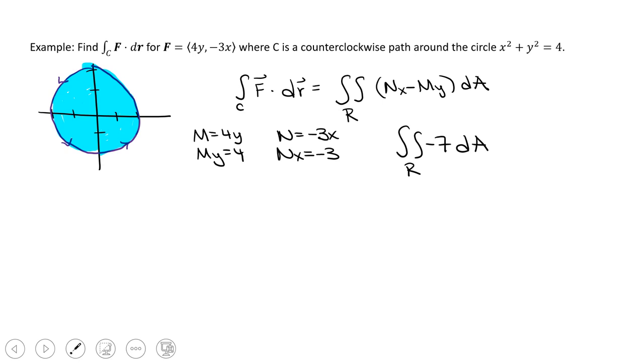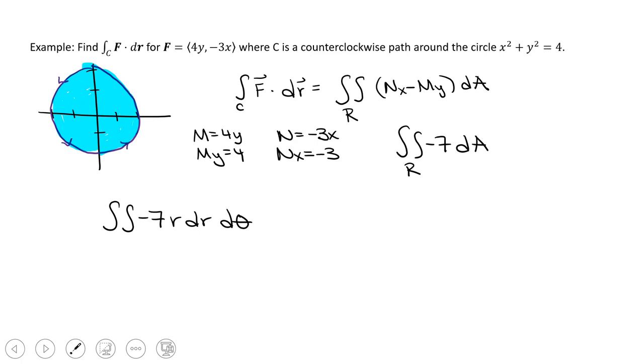All right, so my M is 4y, so My is 4, Nx is negative 3. Notice they're not the same. This is not a conservative vector field. So I'm going to take Nx minus My, I got negative 7, and I'm going to integrate that over the area of that circle.